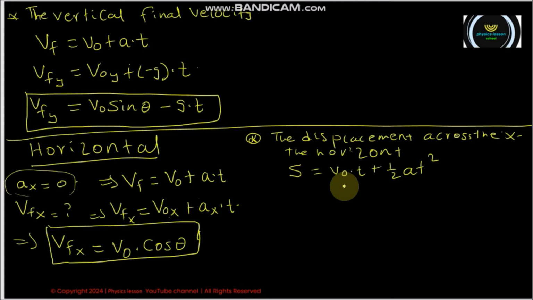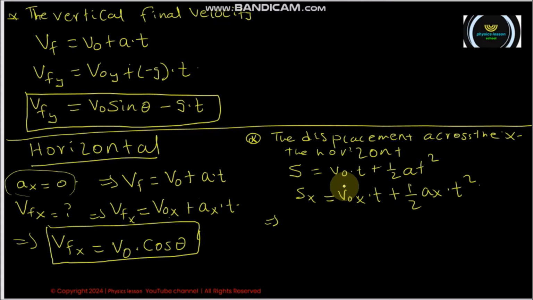Now in our case, s across x will be equal to v naught across x times t plus 1 over 2 a across the x times t squared.